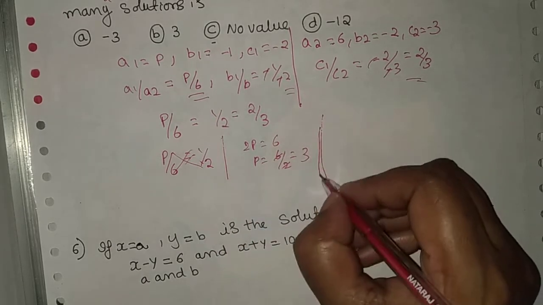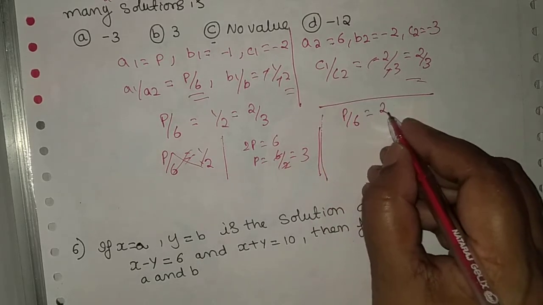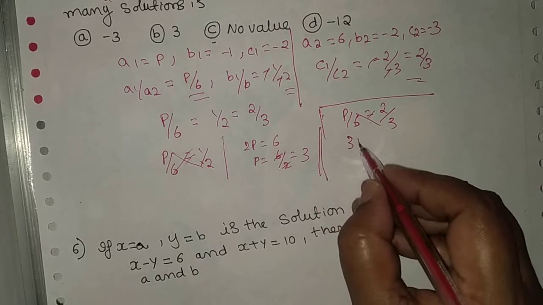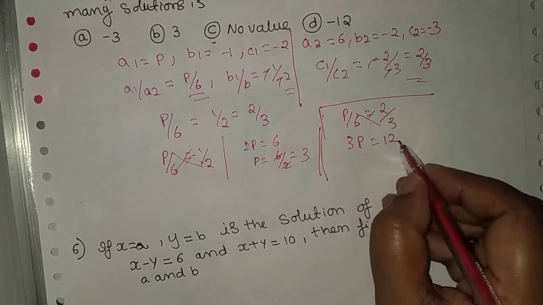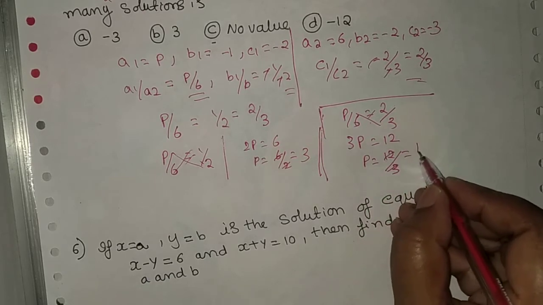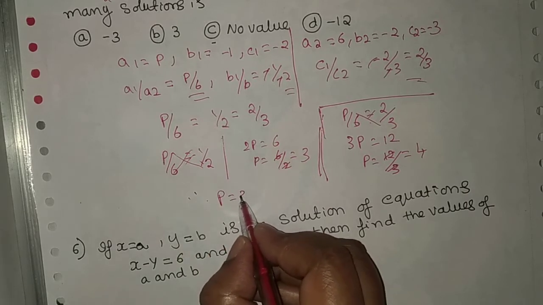Next, in the other case we have p by 6 is equal to 2 by 3. Cross multiply, then 3p is equal to 6 2s are 12, p is equal to 12 by 3, that is 4. Therefore, what we get? p is equal to 3 and 4.